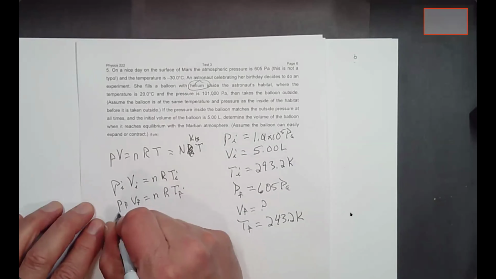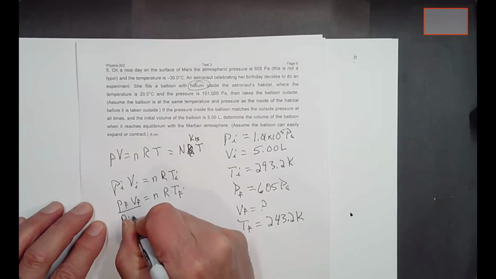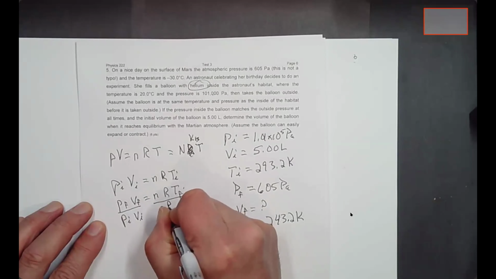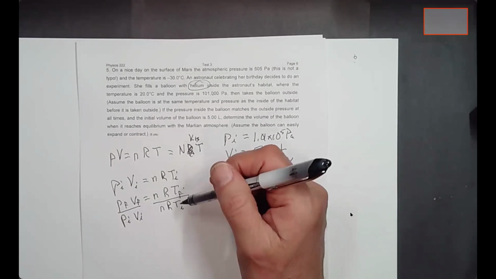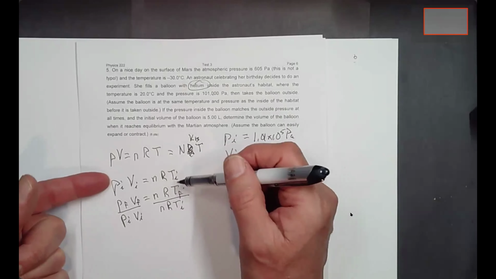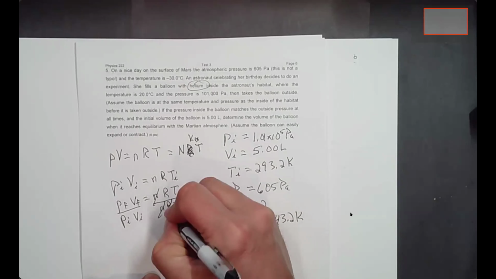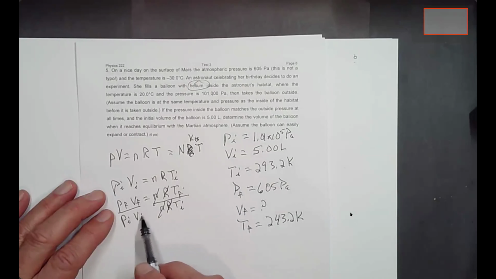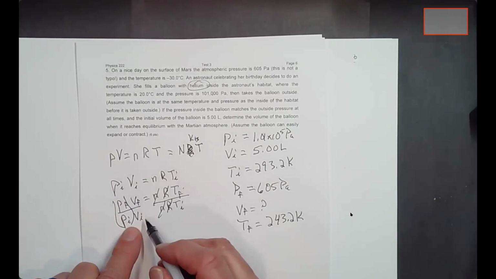So I'll take the bottom equation, divide by the top one, P initial, V initial, N R T initial. I do a lot of ideal gas law problems this way, where I set them up with the initial and the final conditions, divide one equation by the other, and the things that I don't care about, the number of moles, divide out, and the things that actually determine what's going on here, I hang on to.